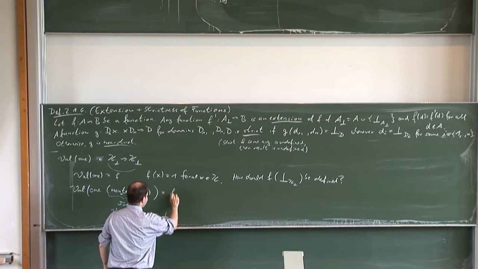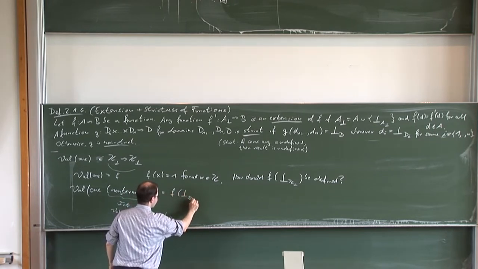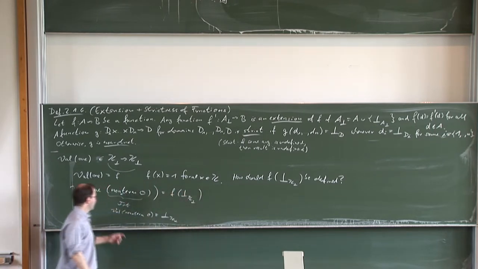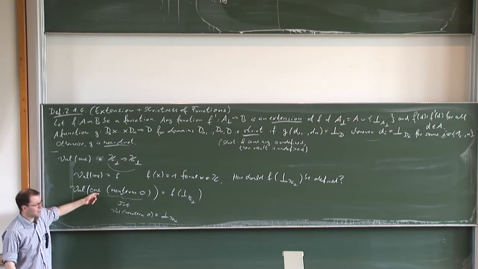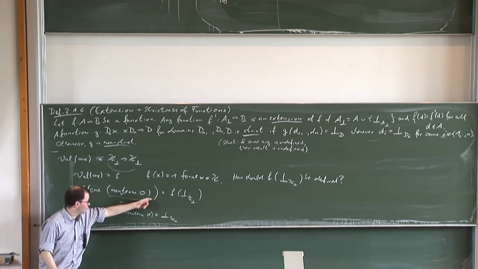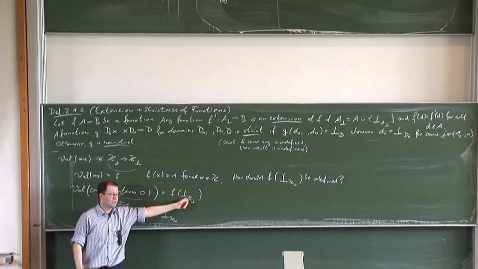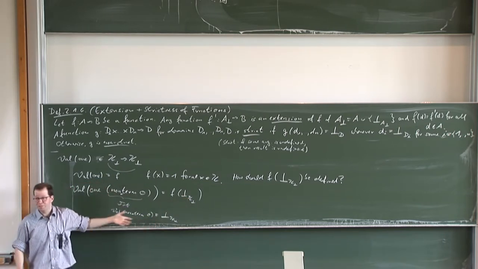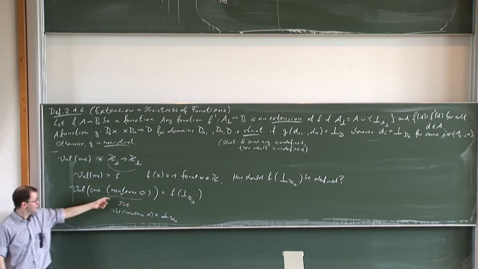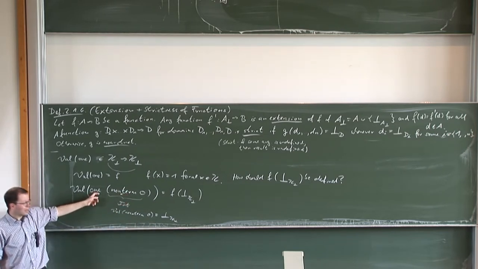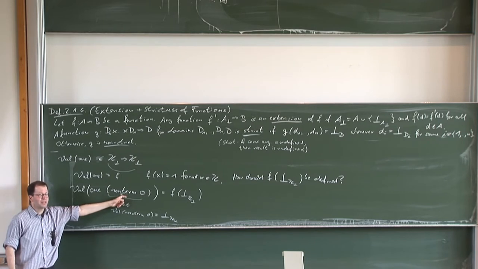So if the semantics of 1 is this function f, then the semantics of this expression, 1 applied to non-term 0, is function f applied to bottom. So we need to define this because this really occurs in practice. We can write down expressions where the expression 1 is applied to another expression and the value of this other expression is bottom.